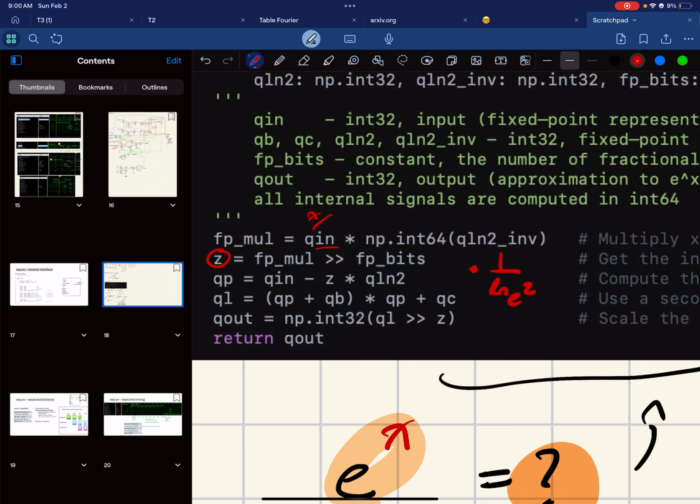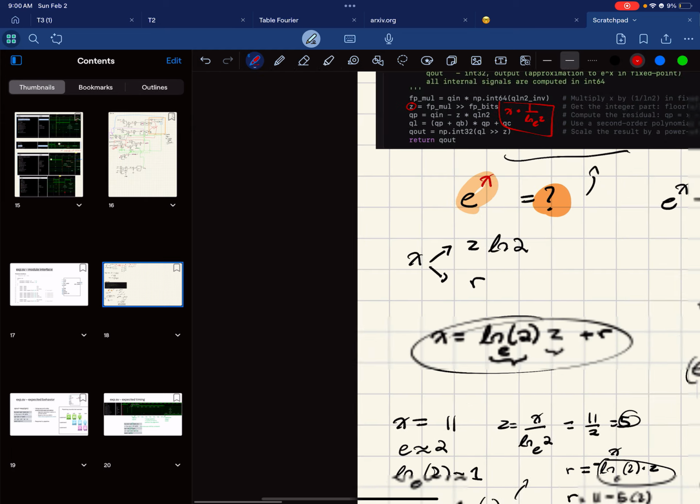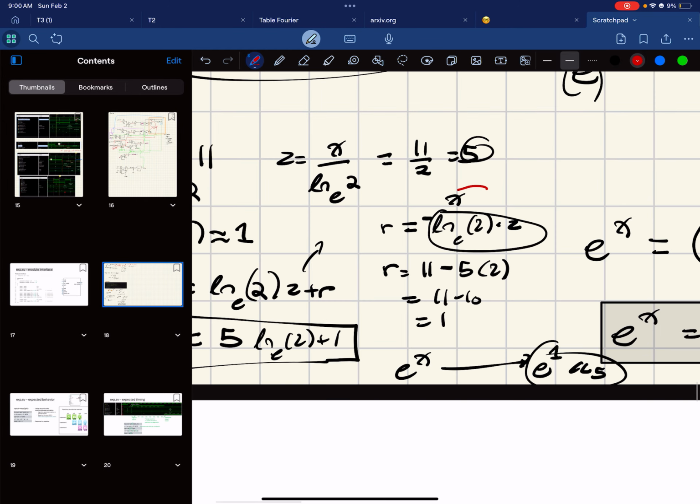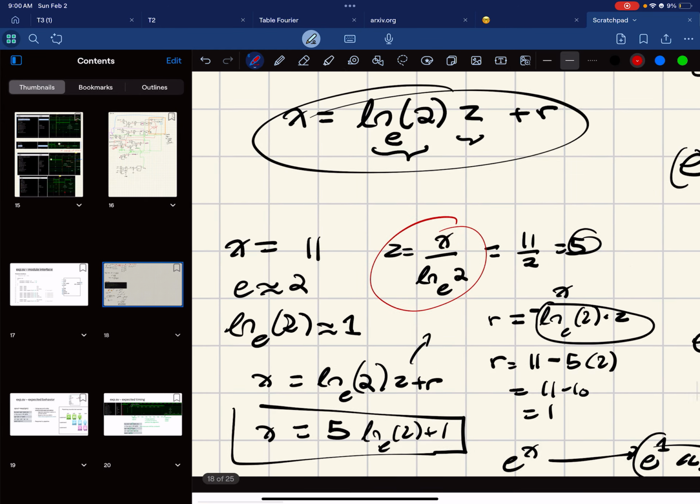And so x divided by ln e of 2, by what we just said here, is how I find z.